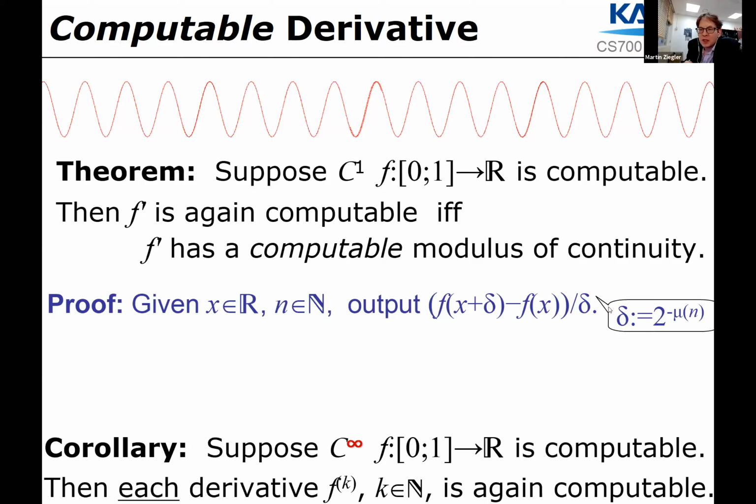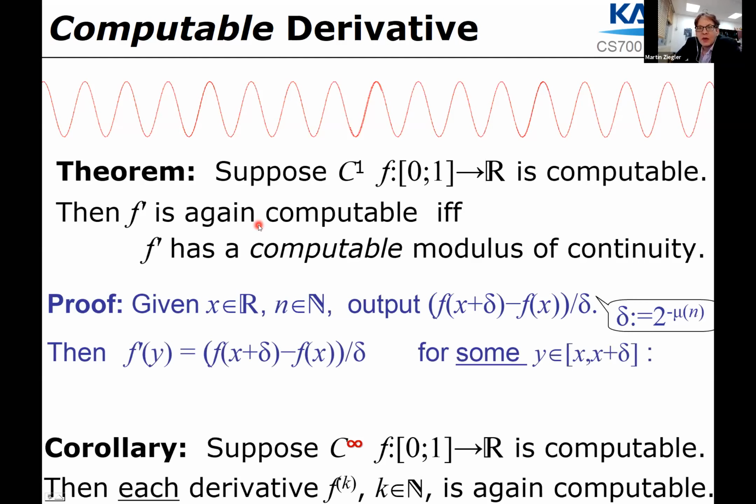And the claim is that when we choose this value for delta, then that's good enough to approximate the actual limit, delta to 0, up to error 2 to the minus n. And why is that the case? To this end, let us recall the mean value theorem, not the intermediate value theorem, but the mean value theorem. The mean value theorem says if the function is continuously differentiable, that's crucial here, not just differentiable, but continuously differentiable, then that quotient is equal to the derivative, not necessarily at x, but at some argument y in the interval from x to x plus delta.